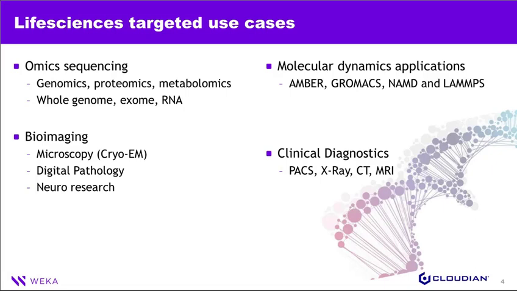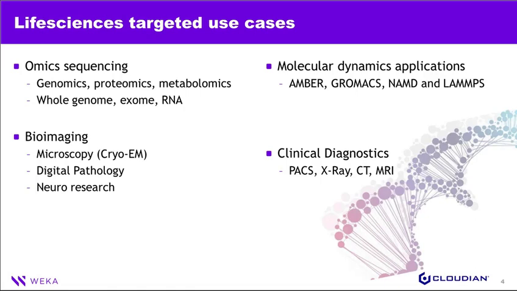With that, some of the use cases we encounter: omics sequencing is certainly on the forefront. It can be for whole genome, exome, or RNA processing, and particularly what we call next generation sequencing is one of the prominent use cases we see. The second use case is around bioimaging, where we see the likes of light sheet microscopes, cryo-EM microscopes, digital pathology, and so on.